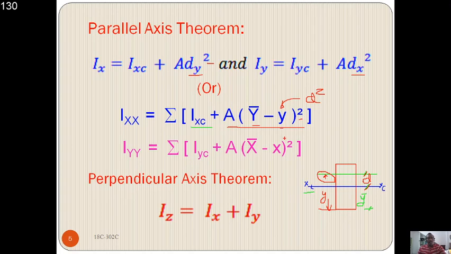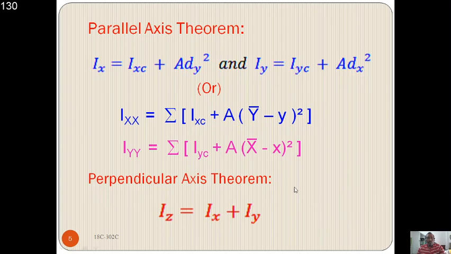It can be represented in such a simple manner. So this d is nothing but the difference between the distances of both axes, the centroidal axis and the reference axis. And we also know about the theorem which talks about the moment of inertia perpendicular to the plane.